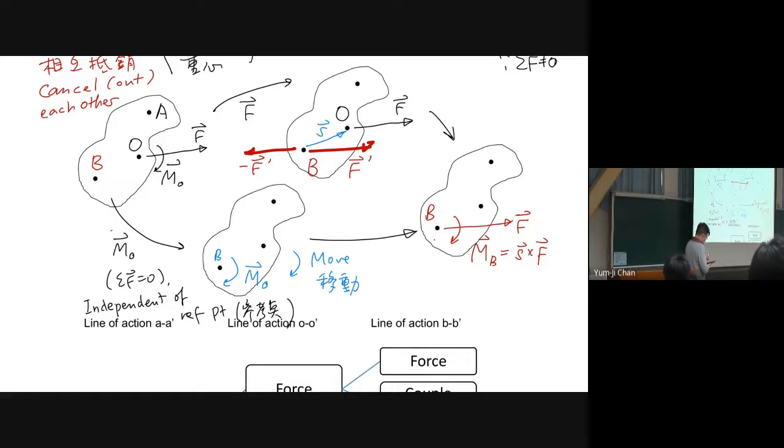It means that this thing should be added to here, and we have MO here.